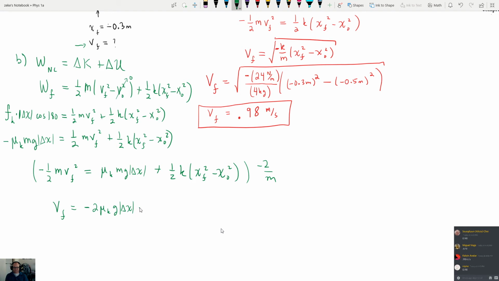And then the second term will also be negative, and the 2's will cancel, but the k over m will stay. And we need to take the square root of all of that. And even though both of these are negative, this term is positive because x final is smaller than x initial.